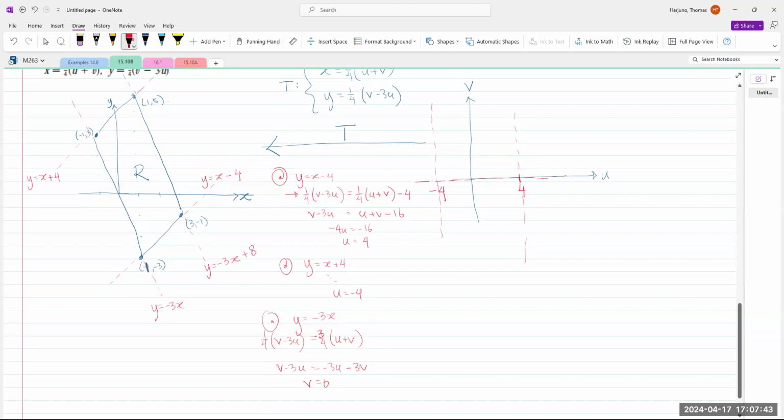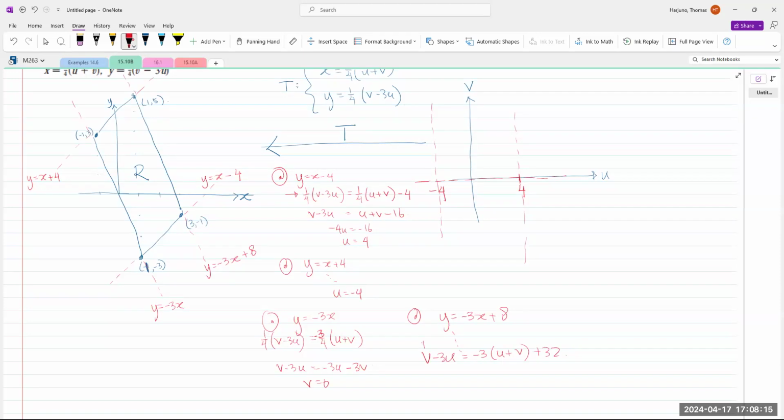And y equals negative 3x plus 8: multiply by 4, I get phi minus 3u equals negative 3u plus phi plus 32.